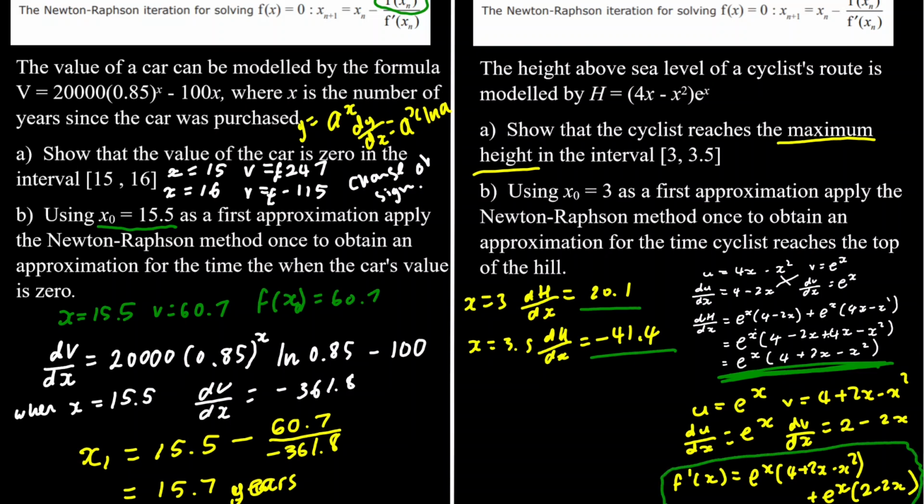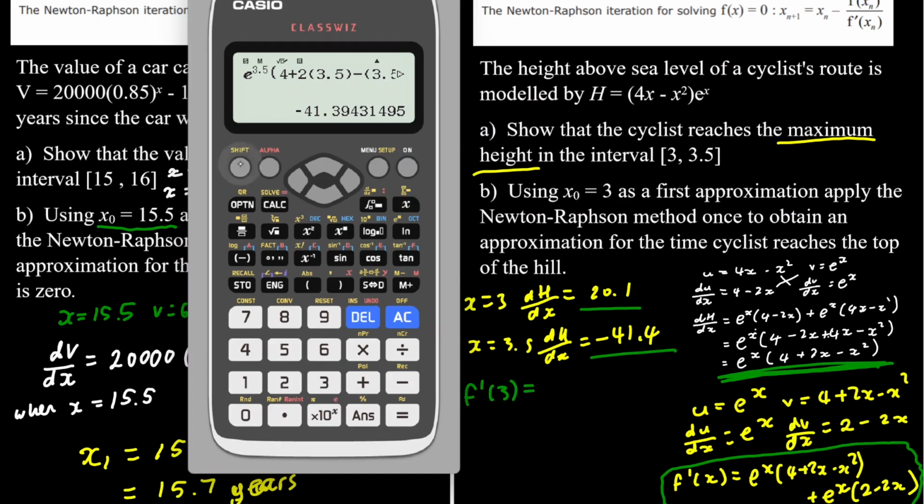We'll get e to the power of 3 times 4 plus 2 times 3 minus 3 squared plus e to the power of 3 times 2 minus 2 times 3.